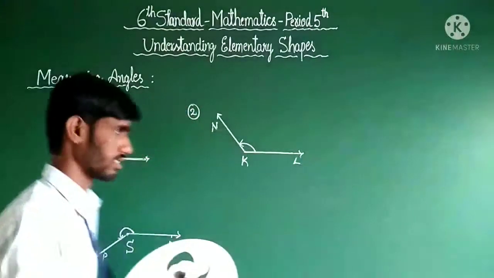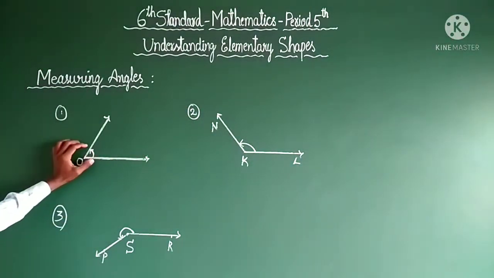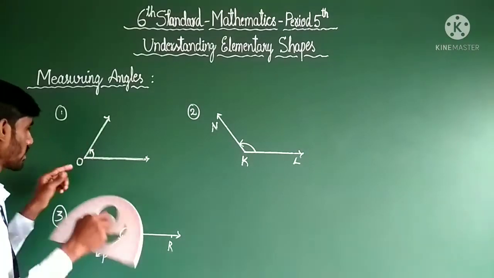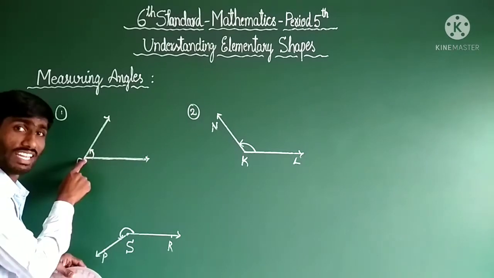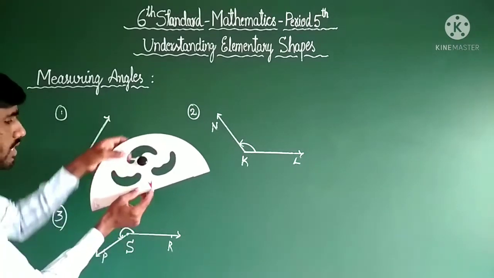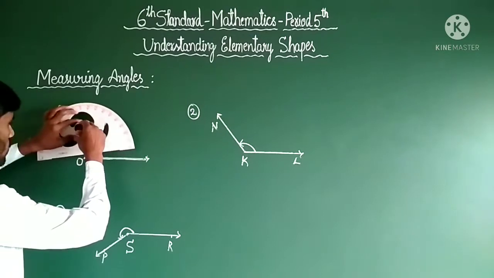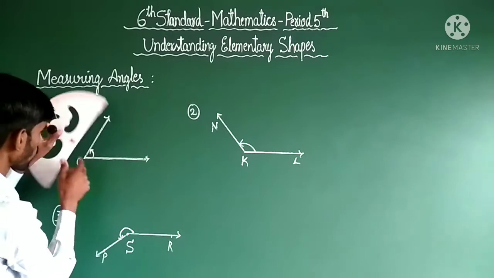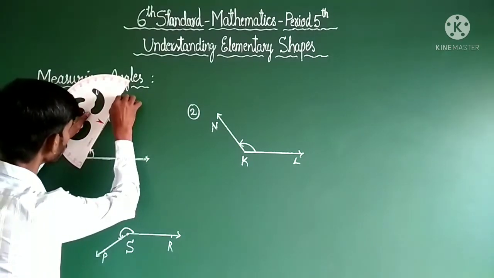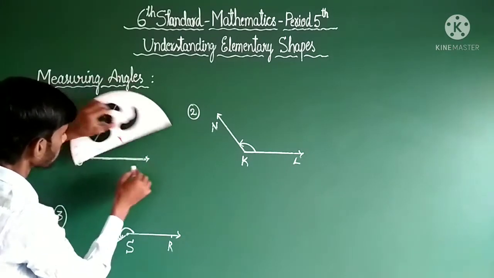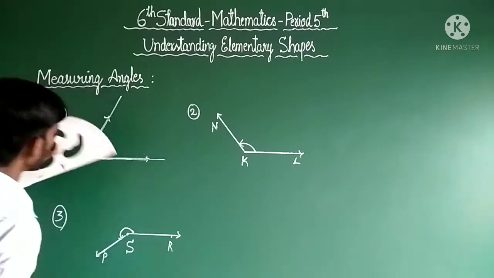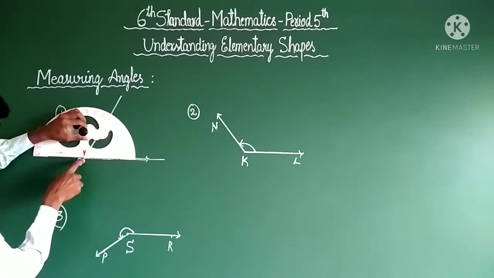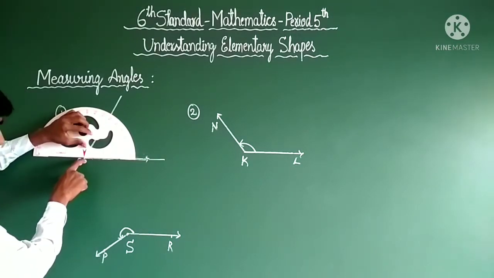Here is the first question. What is the measurement of the angle? Dear children, here is a point. You may make it coincide with the middle point of the protractor. Observe here, this middle point and also the point 0.